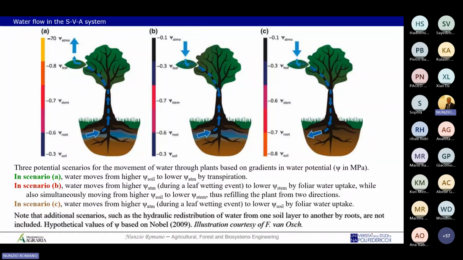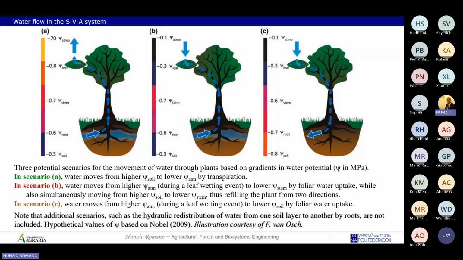So there is a situation where water from the top meets the water coming from below. And then there is scenario C on the right of this picture. This is very interesting. For example, even in a very dry environment, you have water exiting from the roots.